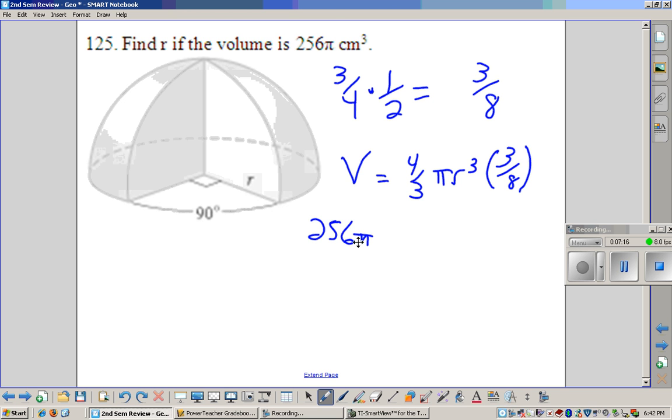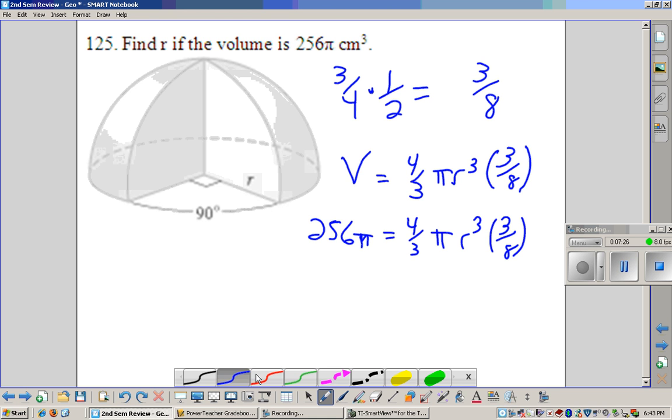256 pi is the volume: 4/3 pi times radius cubed times 3/8. So let's do a little bit of canceling and reducing first. Divided by 3 and times 3 on the same side cancel. 4 and 8 is really just 1/2.